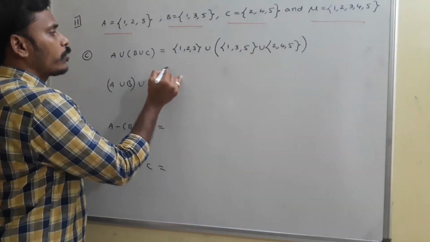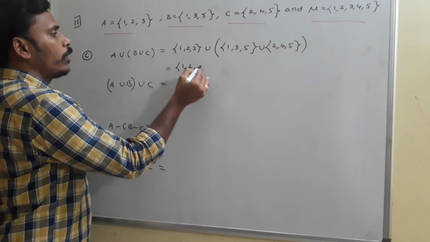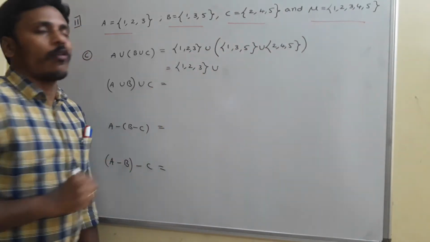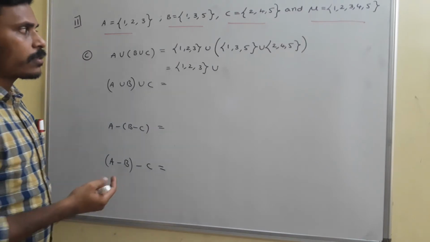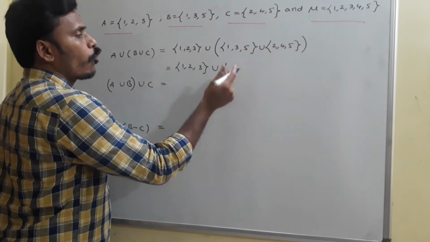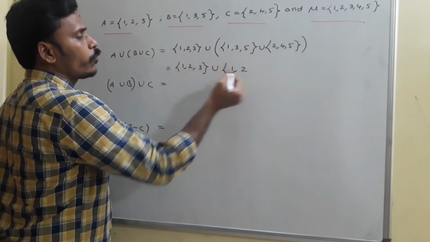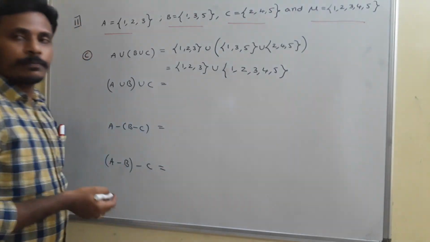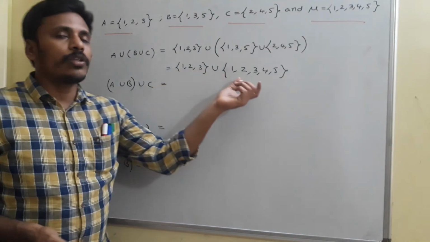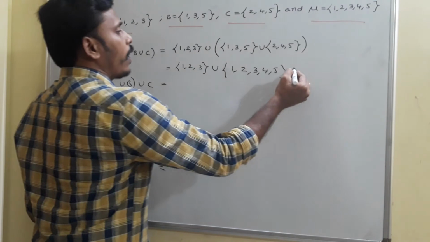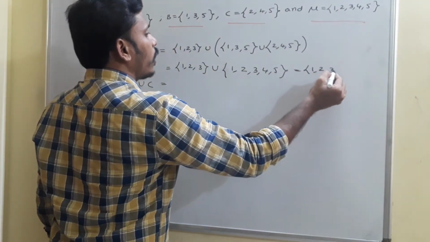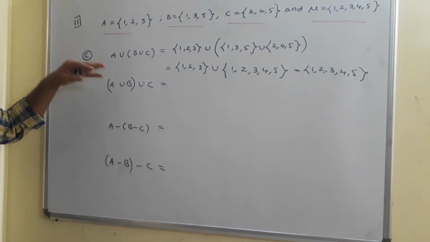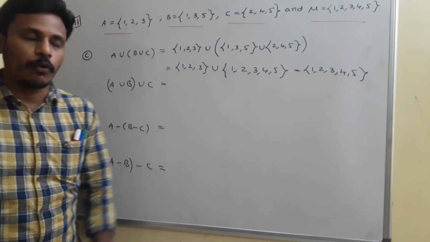And that is equal to the set containing 1, 2, 3 union, see this, 1, 3, 5 union 2, 4, 5. What does it result in? Union means all numbers you need to write: 1, 2, 3, 4, 5. And now this 1, 2, 3 union 1, 2, 3, 4, 5. Again the union, you need to write everything: 1, 2, 3, 4, 5. So at the end, A union of B union C is 1, 2, 3, 4, 5.